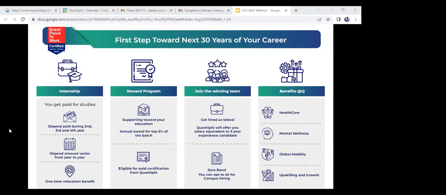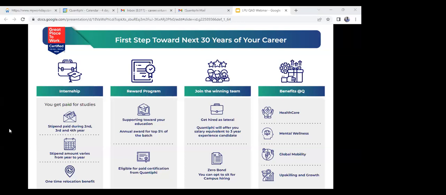And the reward program, right? Quantifi is a very merit-driven company. We reward merit. That is our first priority. So as such an initiative, we want to follow that for this LPU program as well. The top 5% of the batch will get an annual reward.